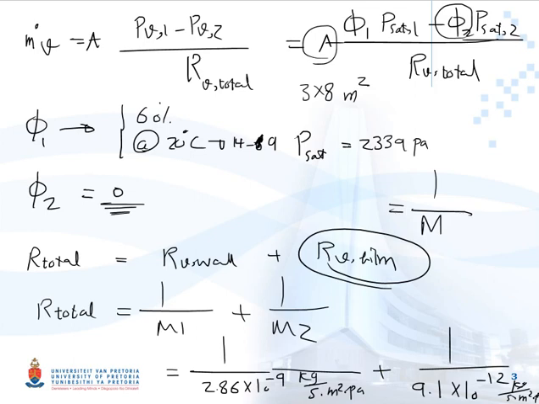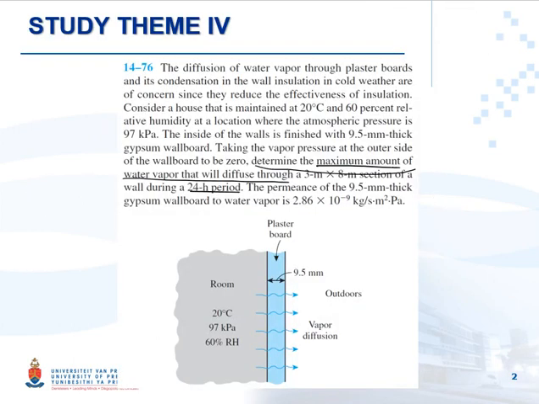Okay, so if it was not written maximum and it was asking to determine the amount of water vapor, we wouldn't be able to do it. Why? Because the relative humidity of the other side was not given. Okay, I think that's it, and let's start talking about the transient mass diffusion.